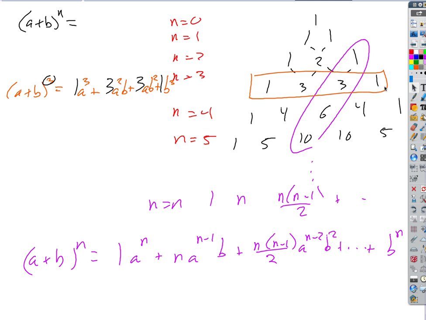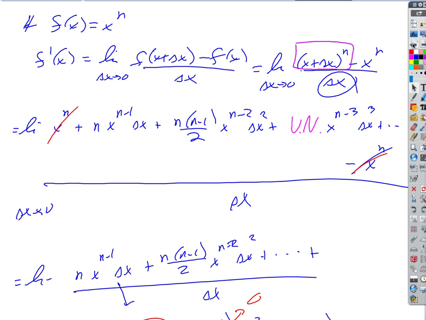But we didn't need all that stuff anyway, because when we do the expansion, we end up getting 1 times x to the n, plus my next coefficient is n times x to the n minus 1 delta x to the 1, right? Remember that the powers of x are going to decrease from n incrementally by 1, and the powers of delta x are going to increase from delta x to the 0 incrementally by 1.